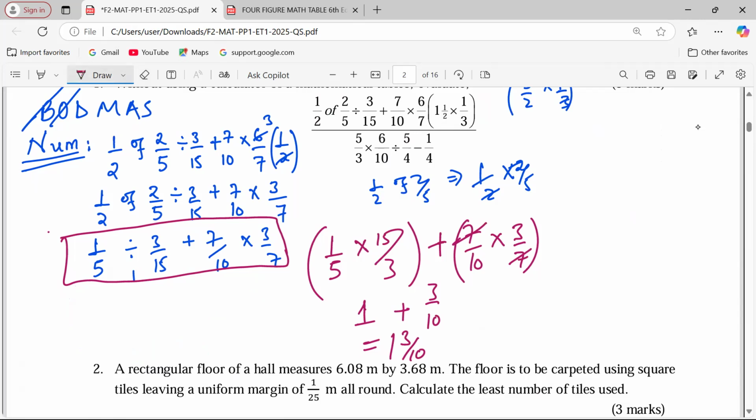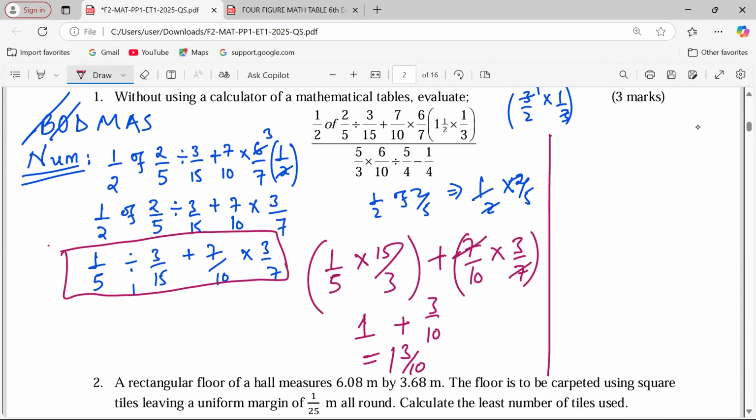Now we go to the denominator. Let's check at the denominator. Because we don't have brackets, we don't have of, we can talk about division first. So 5 over 3, then multiplied by 6 over 10. To divide by 5 over 4 means multiplying by 4 over 5, then minus a quarter.